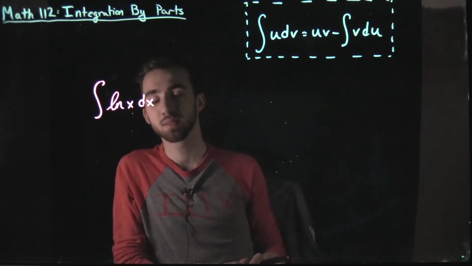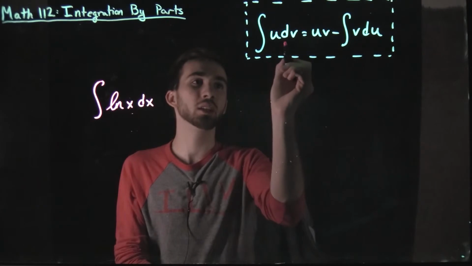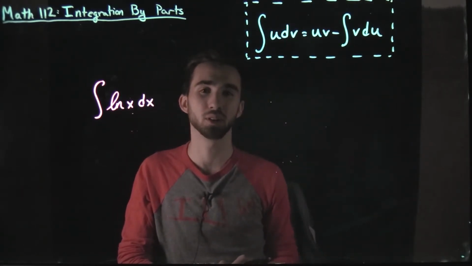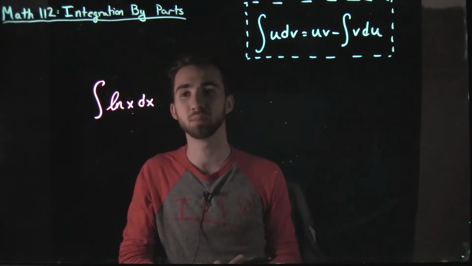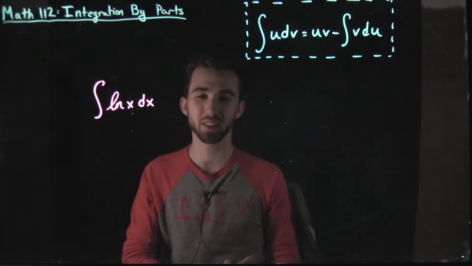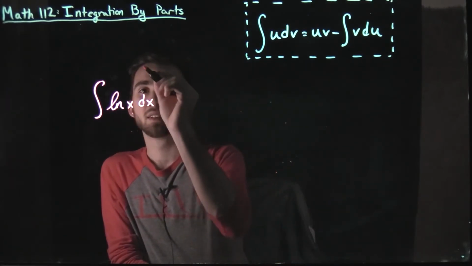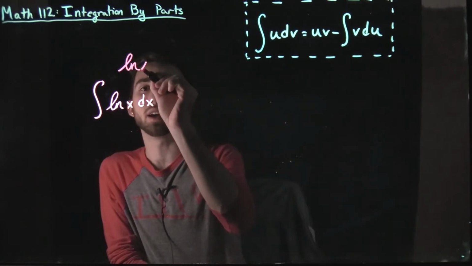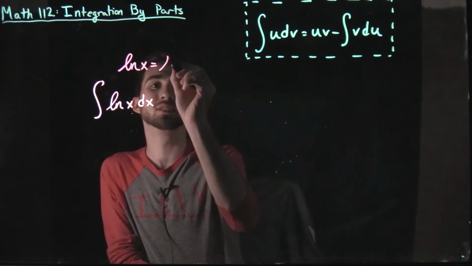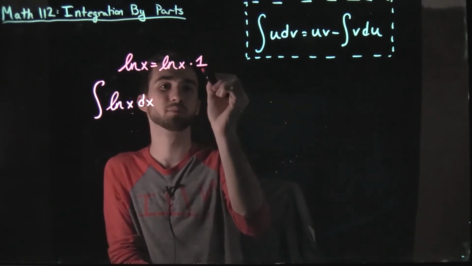And if you're looking at this and want to apply integration by parts, you'd think, well, we need two functions to be multiplied together in order to use integration by parts. And you're right, we do need two functions to be multiplied together. But here's the clever little trick that you can use. ln of x, I hope you like my cursive ln of x right here, is also equal to ln of x times 1.